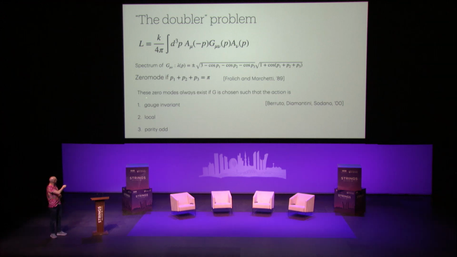So, the result is really general. You may think, well, maybe if we defined the cup product in some other way or did something very fancy, we can avoid it. But it seems to always be there. So there are these extra zero modes for which the quasi-momenta obey this relation.